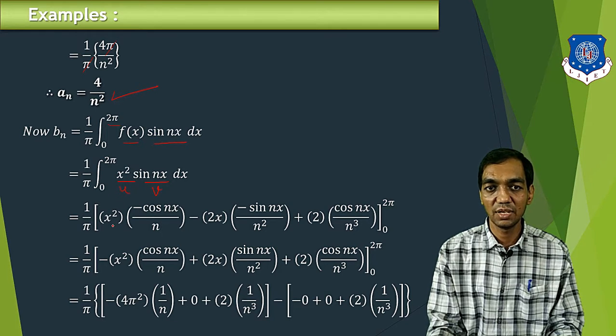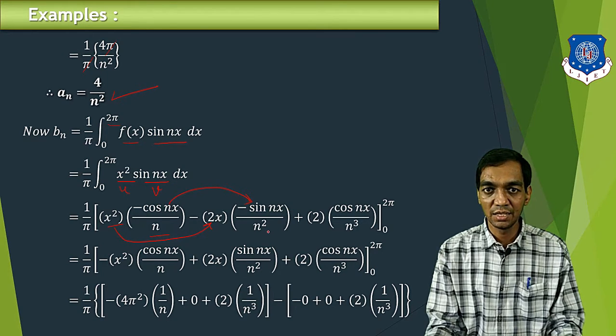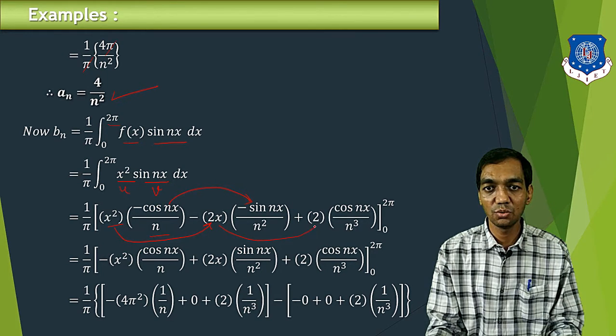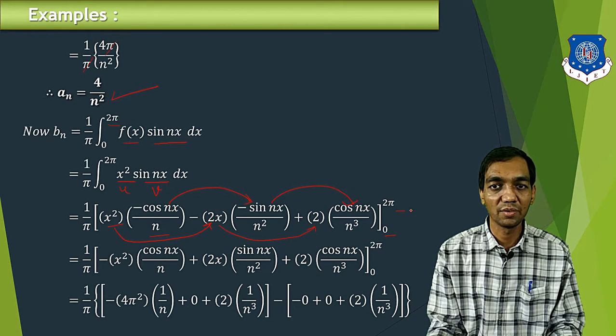So first x square as it is, and sin has an integration minus cos nx upon n. Then the derivative of x square will be 2x, and minus cos nx upon n has an integration minus sin nx upon n square. Then 2x has a derivative 2, and minus sin nx upon n square has an integration, minus minus plus, cos nx upon n cube. Okay, and limit is from 0 to 2 pi.